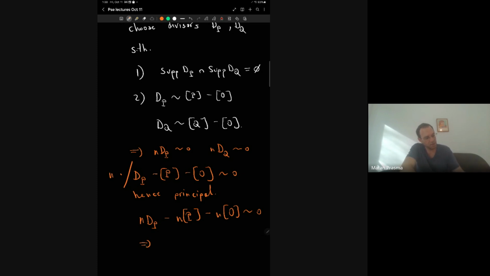So n dP is equivalent to nP minus nO, and because P is an n torsion point, this is a principal divisor.